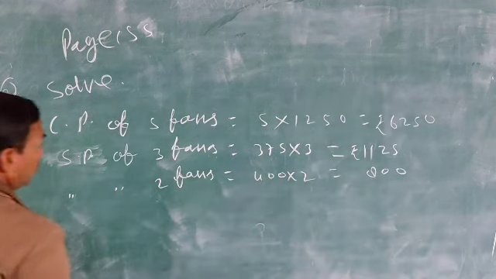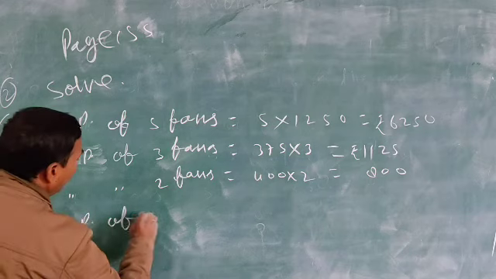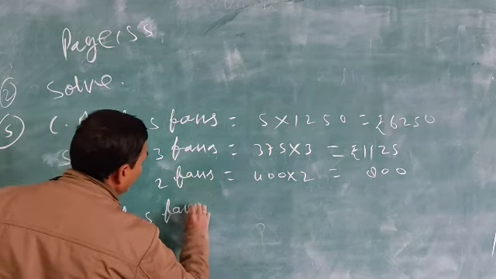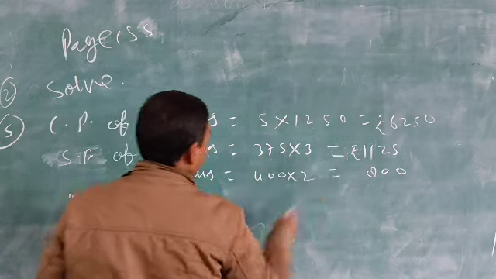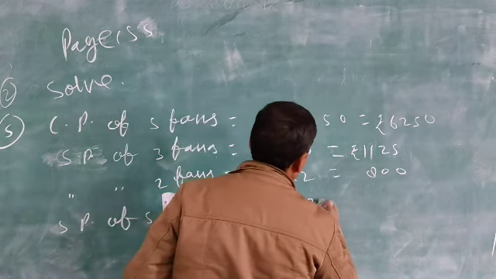And now SP of 5 fans: you will add 1125 plus 800.